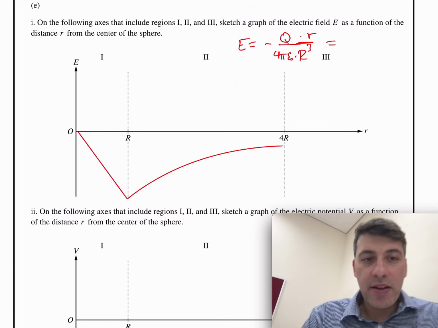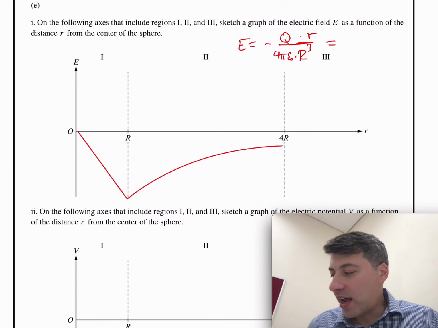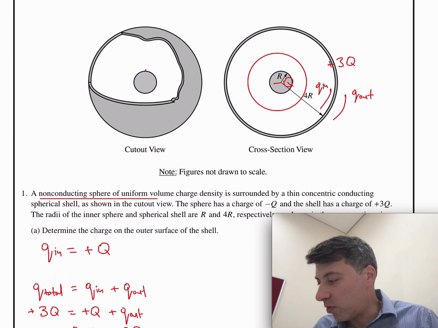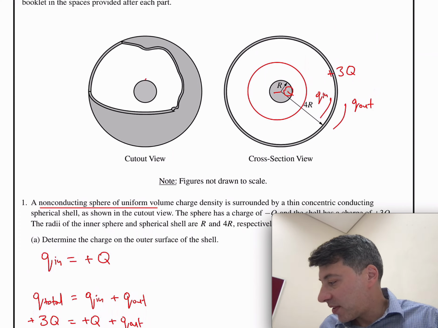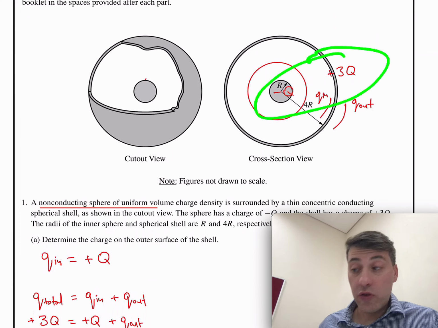And the same thing will be happening for distance more than 4r, but the difference is that the total value of the electric field will be positive because the total value of the charge is plus 2q.